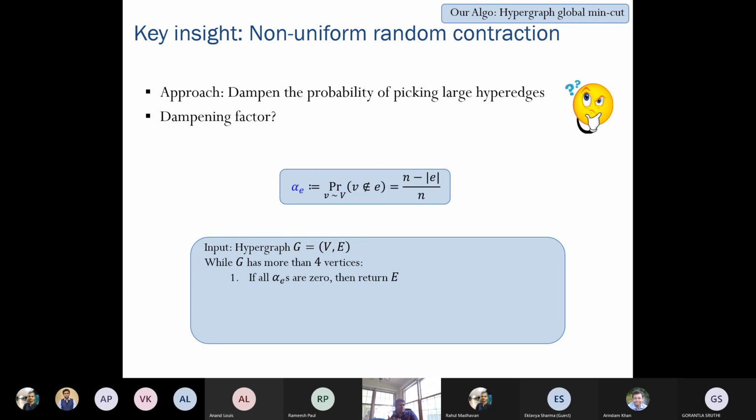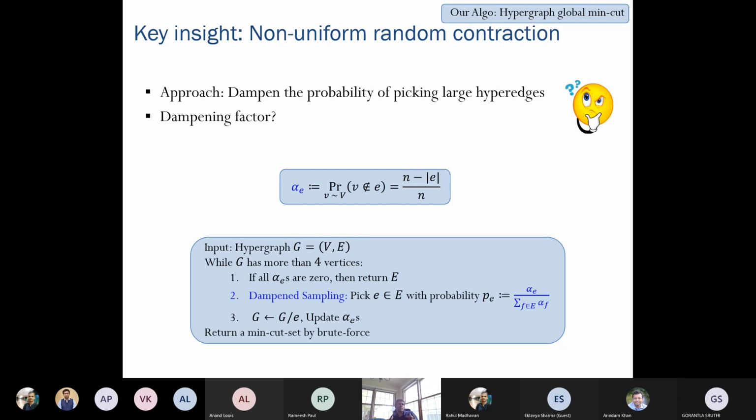Okay, so this is the first step. If not, then we pick a hyperedge E with probability proportional to this dampening factor, contract this hyperedge, recompute the dampening factors, and repeat until the hypergraph has at most 4 vertices. And if the hypergraph has at most 4 vertices, then it is a constant sized hypergraph.